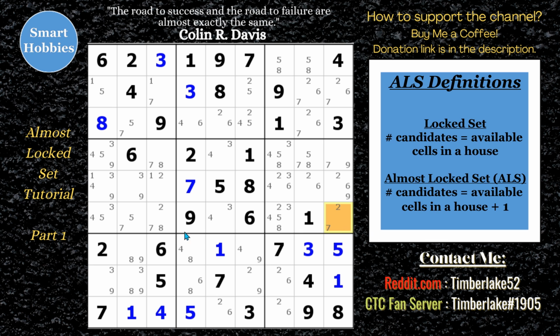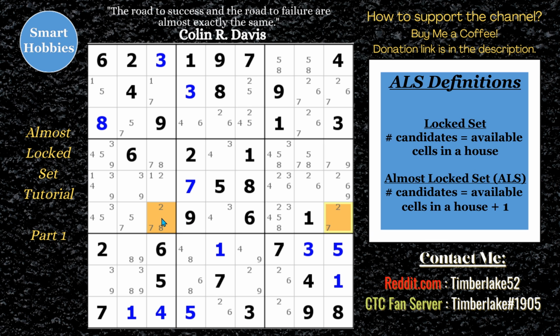Now, we can expand that out. Let's find another cell in that house that shares candidates, but now there's going to be 3 available candidates in the 2 cells. You see here, it's still in the same house, and now you have 2 cells and 3 different candidates. 2, 7, and 8 are the possibilities for these cells.